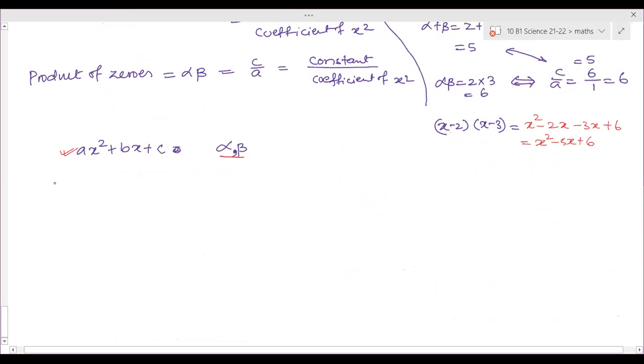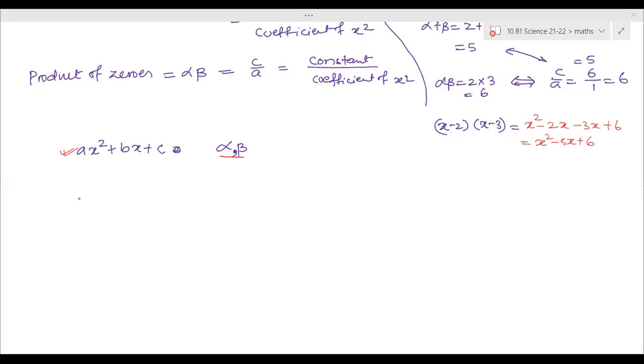Now we will find the polynomial by knowing the zeros of the polynomial. So we'll try to find out the equation with the help of knowing the zeros.